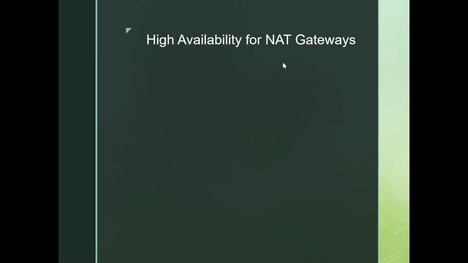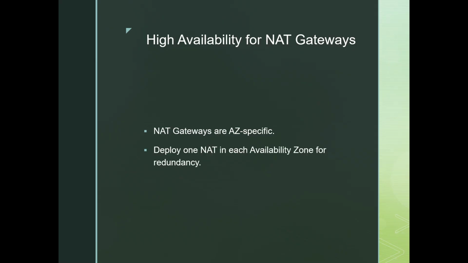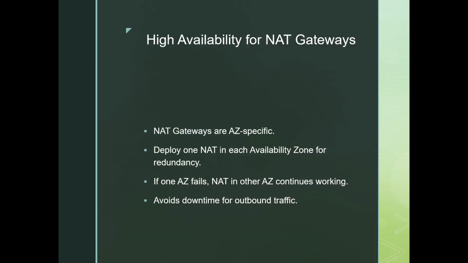Now we'll see high availability for NAT gateways. NAT gateways are availability zone specific. Deploy one NAT in each availability zone for redundancy. If one availability zone fails, the NAT in the other availability zone continues working, avoiding downtime for outbound traffic.